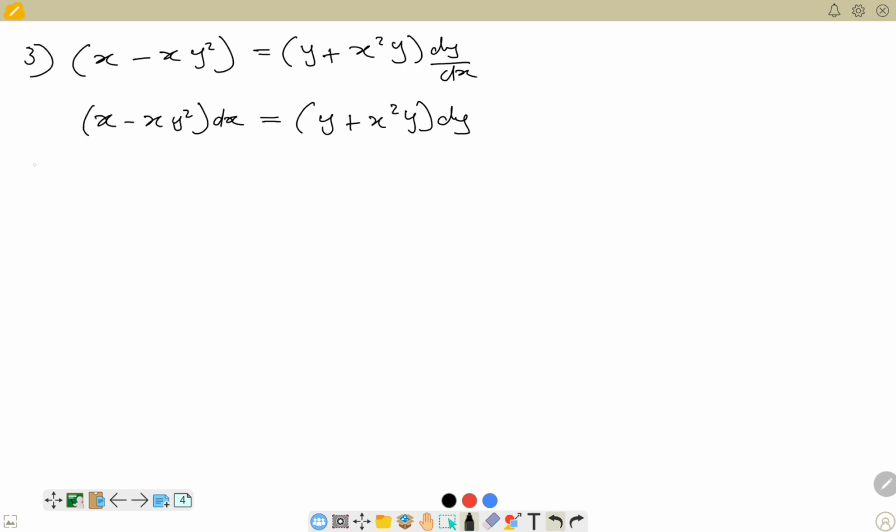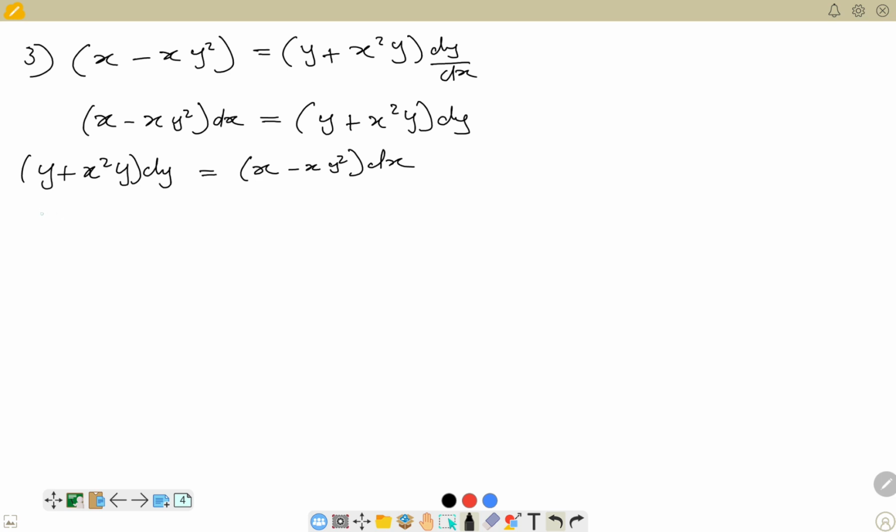So let's rewrite this: y plus x squared y dy is equal to, because we want to make y the subject of the formula at the end, x squared dx. The previous step and this one are exactly the same. We just switch the sides.